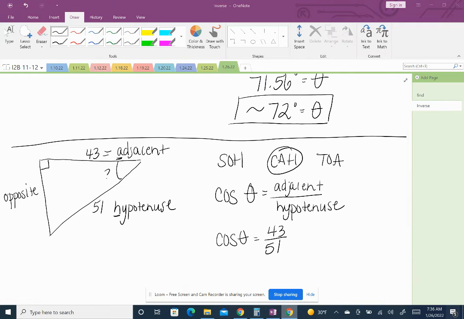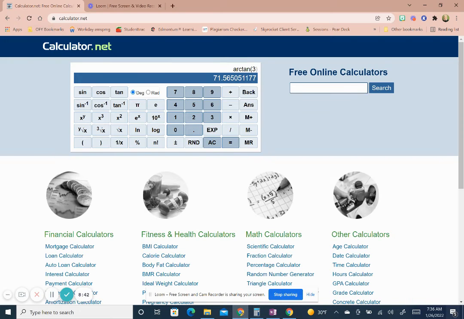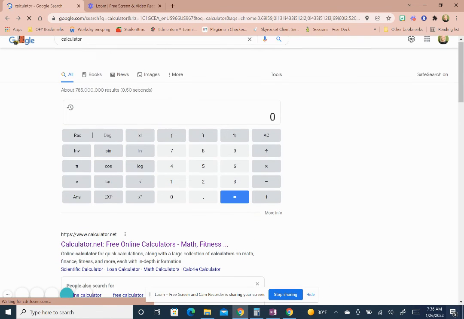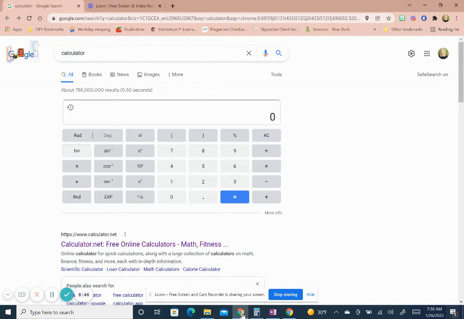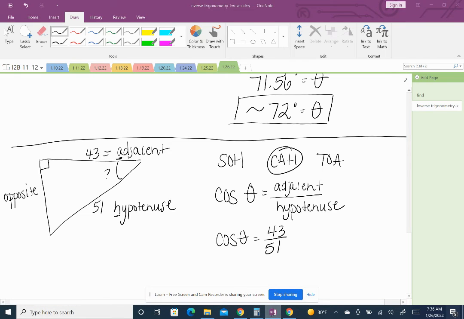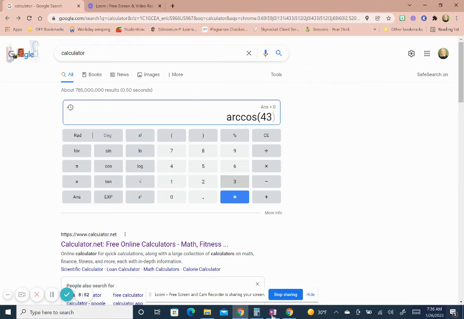And let's go ahead and try the other calculator. It's going to be inverse cosine. Oh, I already forgot it. 43 divided by 51. That does, oh, wait, no, hold on. What am I doing wrong?